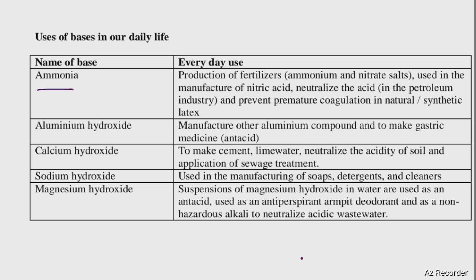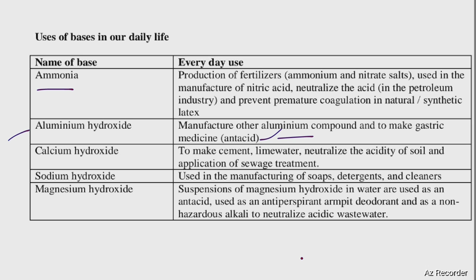Aluminium hydroxide is used in the manufacture of other aluminium compounds and to make gastric medicine, what we call antacid. This type of medicine is given to people that have ulcers and excess acid. They work to neutralize the acid in the stomach. You find that most medication tastes bitter because most of them have that component of bases.